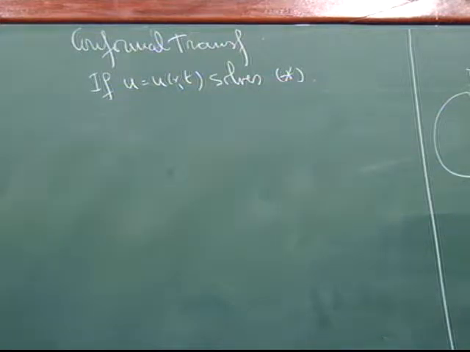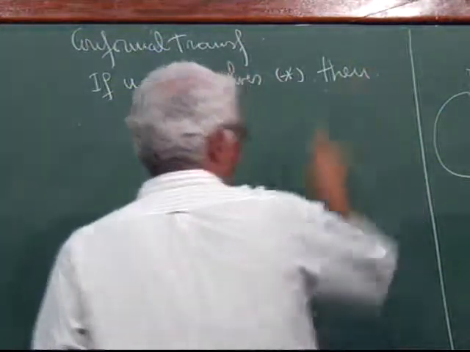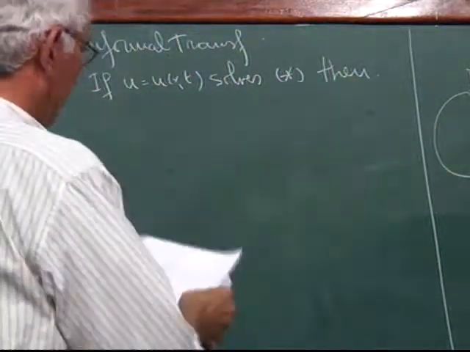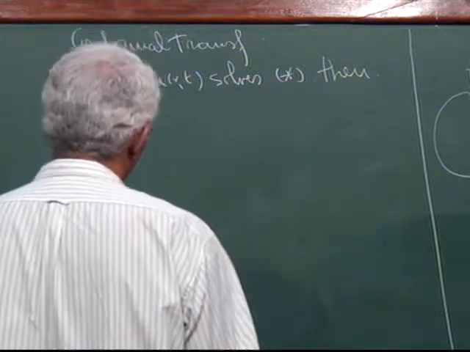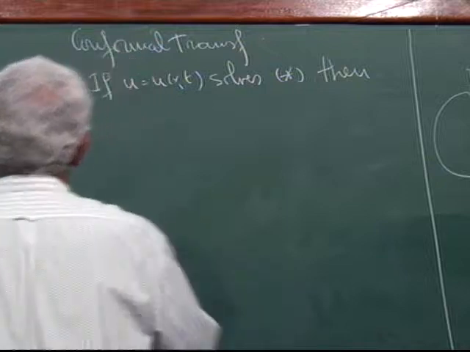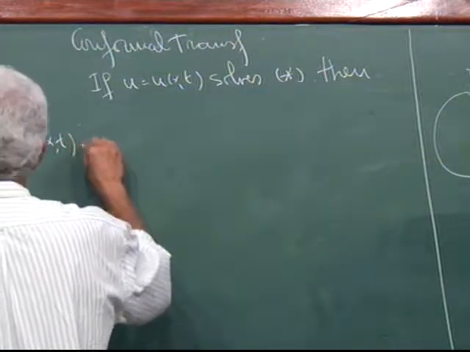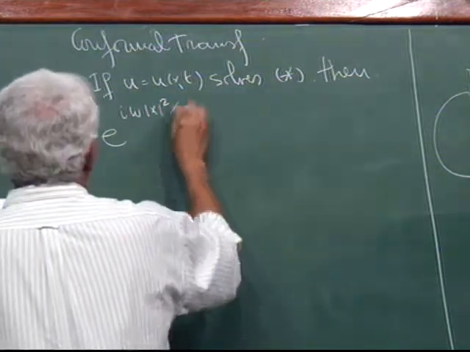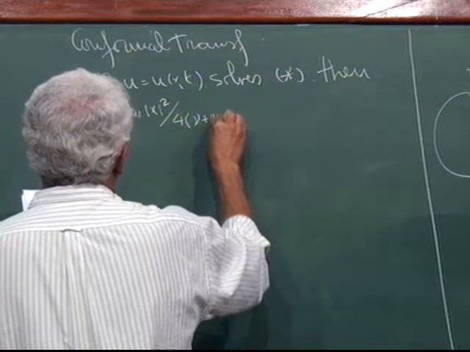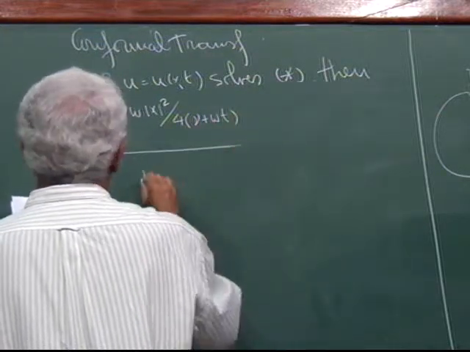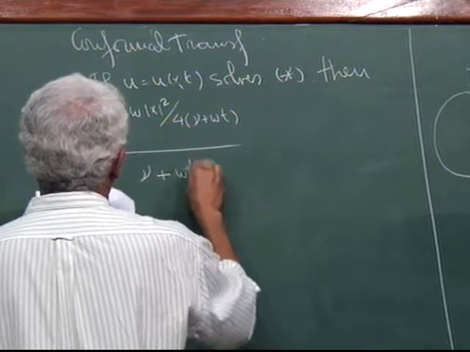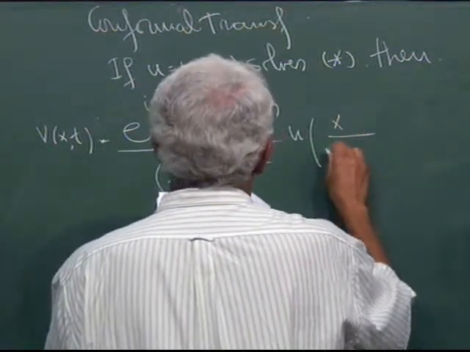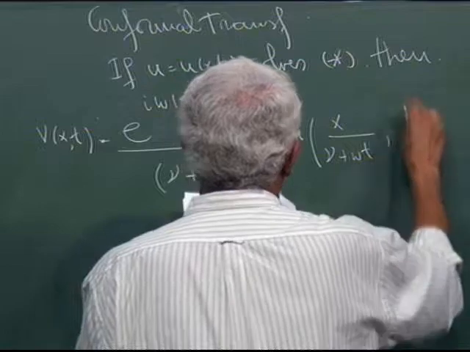then let's take this one because I don't want to miss the Greek letters. B of x and t equal to exponential of i w x squared over something, sigma w t to the power n over 2, u of x mu w t, t.